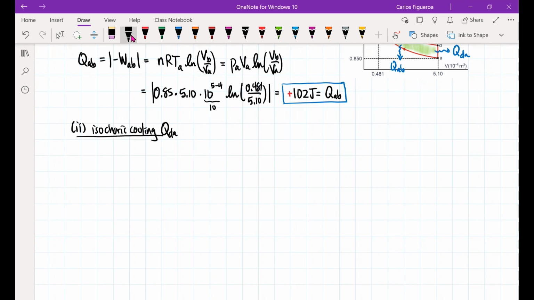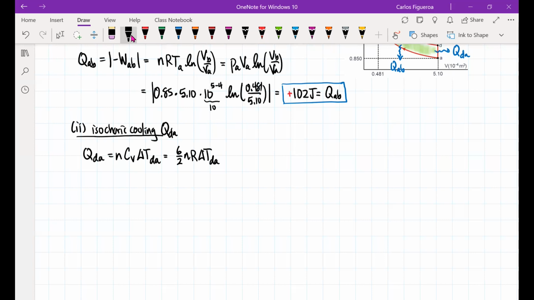This is heating at constant volume, so QDA is going to be nCV times the change in temperature between D and A. If I start using the ideal gas law, and remember this is a polyatomic gas, so it should have a minimum of 6 degrees of freedom.